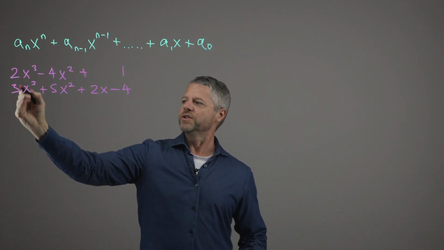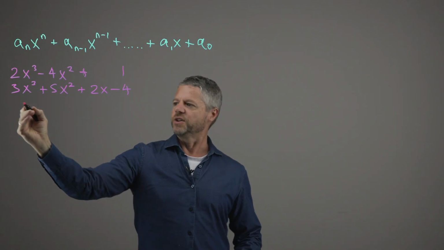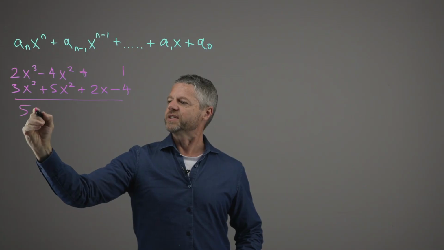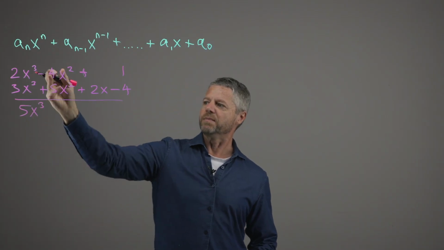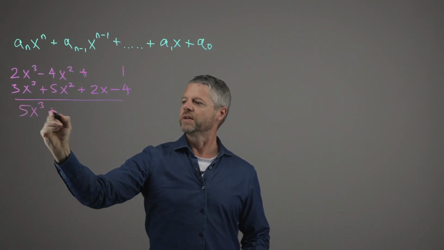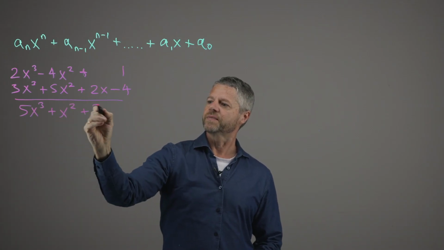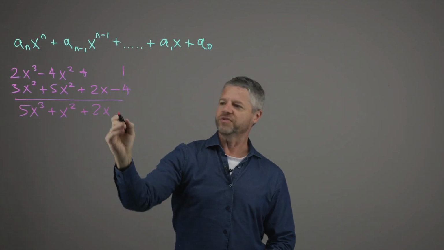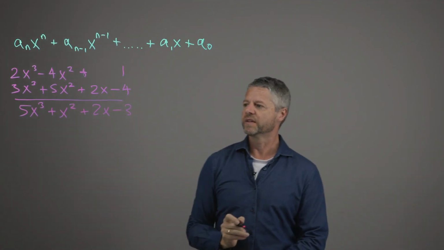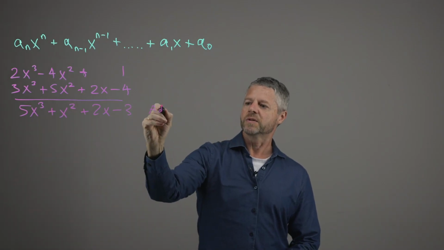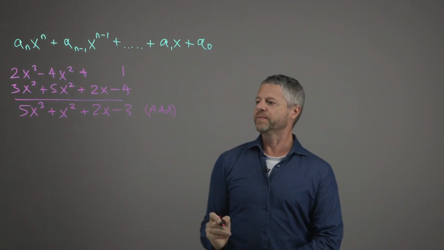I've got 2 and 3 for the x cubed term, so that's going to give me 5x cubed. And then we've got minus 4 plus 5, so we've got 1x squared. We've got 2x. And then plus 1 minus 4, minus 3. So that's when we add the two polynomials together.